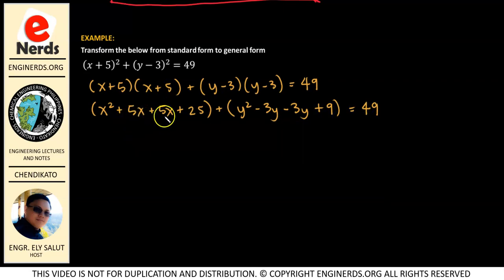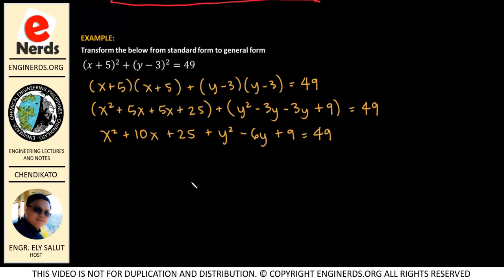Okay, so combining like terms, we have x squared plus 5x plus 5x will be 10x, plus 25, then plus y squared, then minus 3y will be minus 6y, then plus 9 is equal to 49.